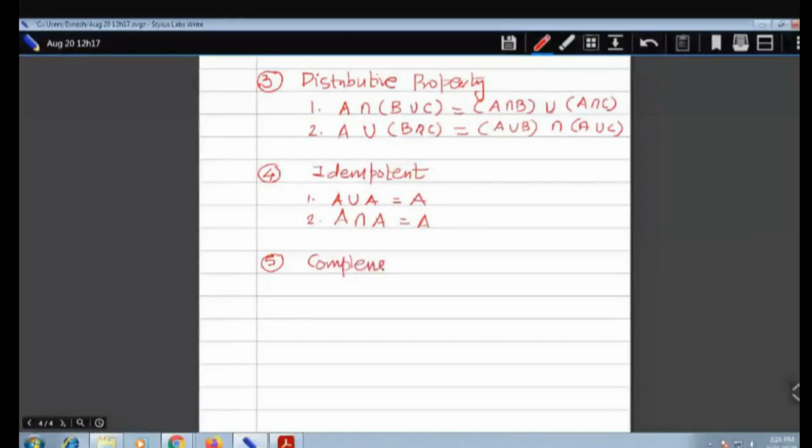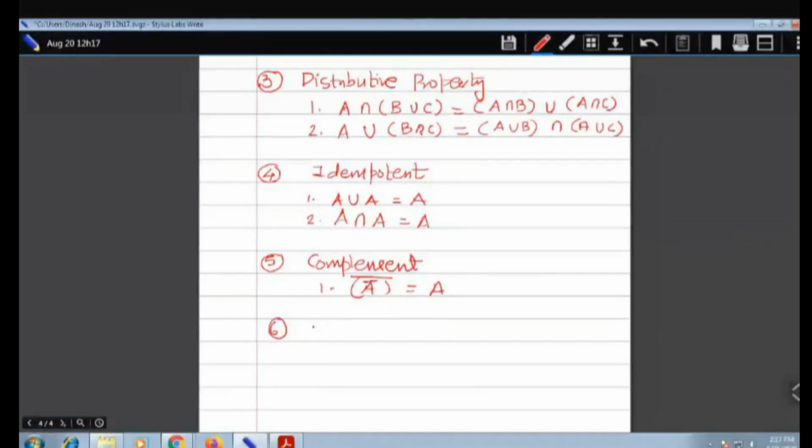And then the complement operation. It is very easy. The complement of the complement of A is nothing but A. So this is about the complement property. And then I will write some other properties which are related to the universal set.